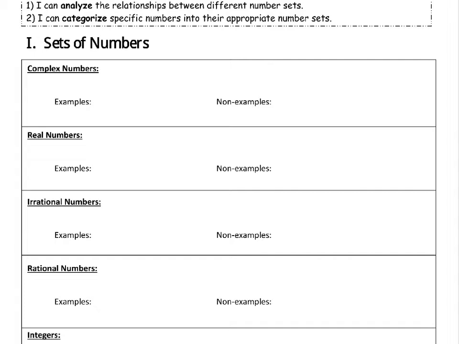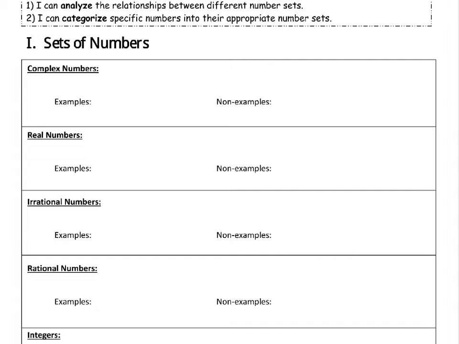The first page, as you can see, is nothing more than several definitions, because in order for us to categorize certain numbers into categories, we need to know what those categories are. So we will start by defining each category one by one and providing some examples of what numbers fit that category, and then some examples of numbers that do not.